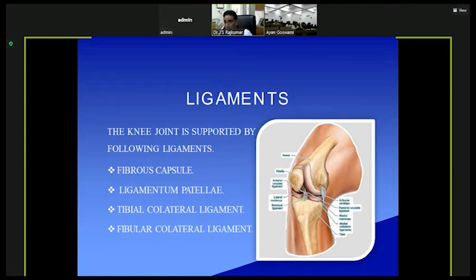On the lateral side, exactly like this, you have a lateral collateral ligament. You have a collagenous cartilage spread out between the femur and the tibia, known as the medial meniscus. And similarly, laterally, you have the lateral meniscus.